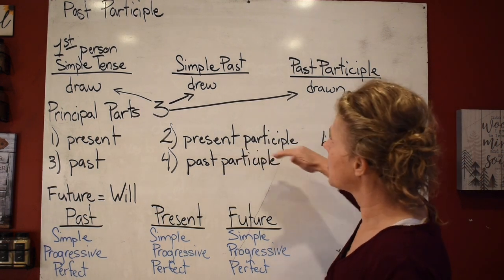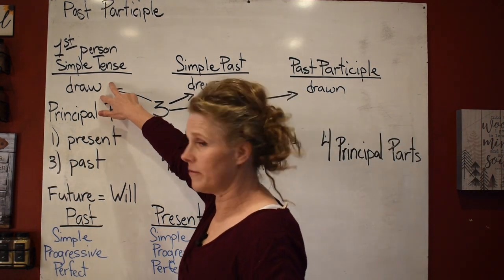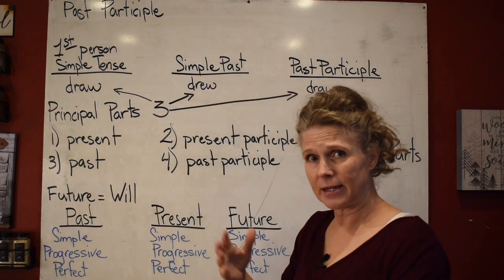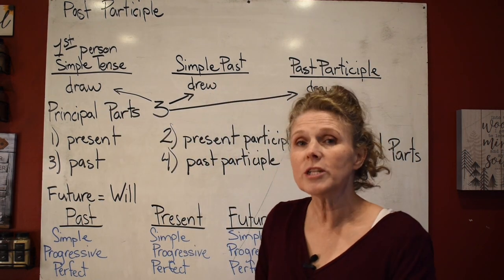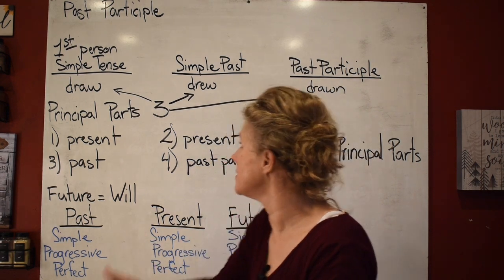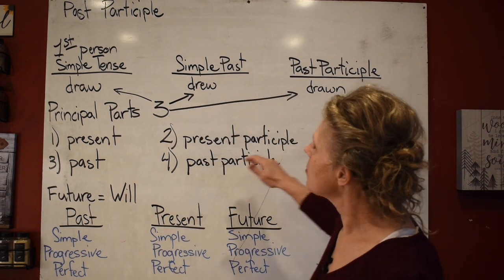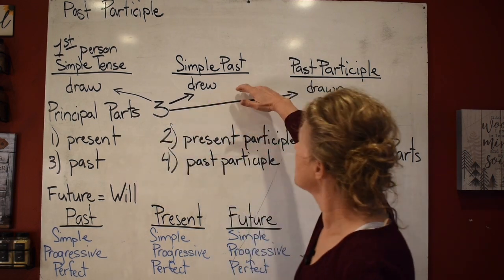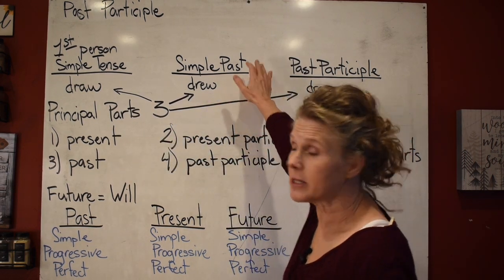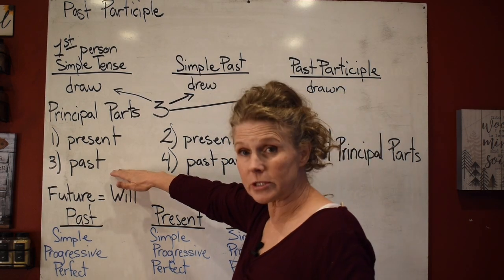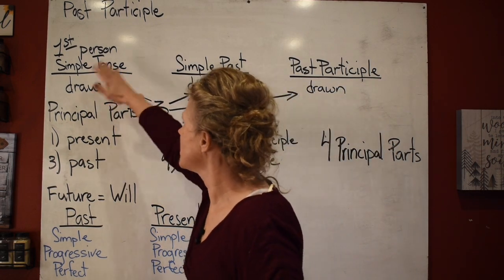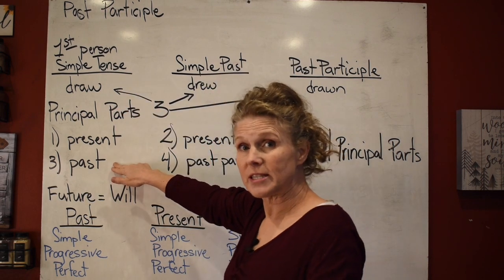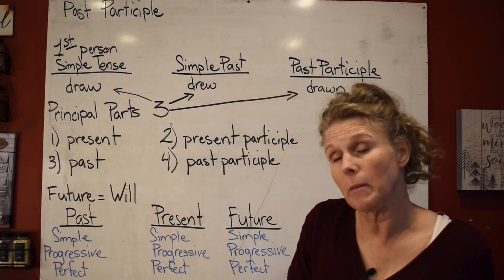Well, the present participle is going off of your simple tense and you're adding your ing, which puts you in the progressive tense. Okay, so now then the third one is the past, which is drew. It's an irregular, but most pasts you would take your simple tense and then you add your suffix ed, which puts you in the past.